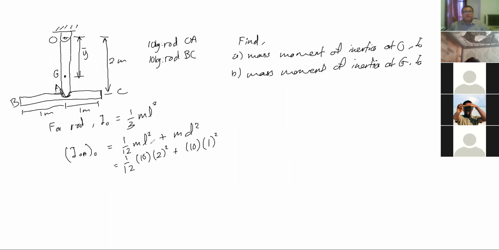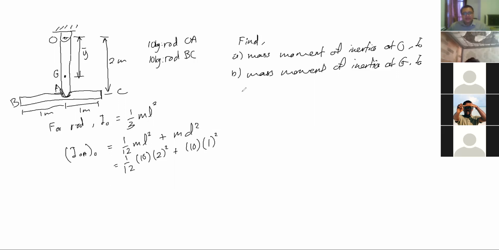Okay. Why L is equal to 2 and D? And 2 is because of the length of the rod OA. Rod OA here is 2 meter long.